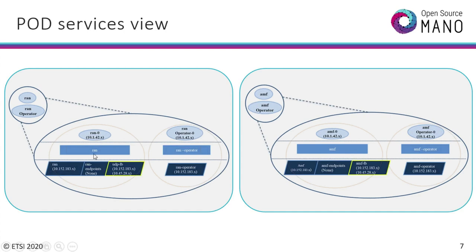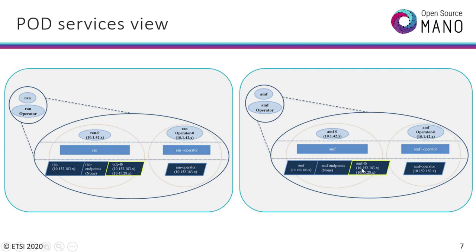This here is the pod level view of the RAN and core clusters. The first image is the RAN cluster, where you can see the RAN pod. Since we're using the Juju operator framework, you can also see that there is a RAN operator pod. This RAN pod also has services: a cluster service, a headless service, and a custom created load balancer service to expose a UDP port.